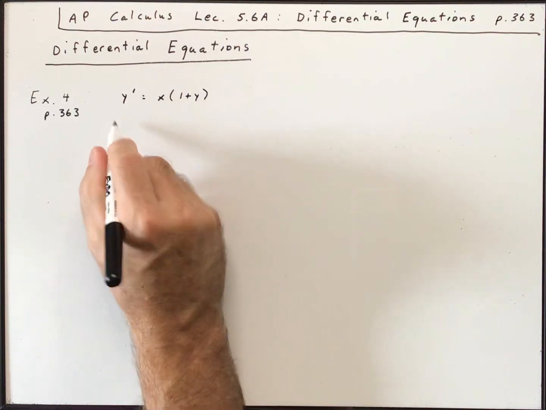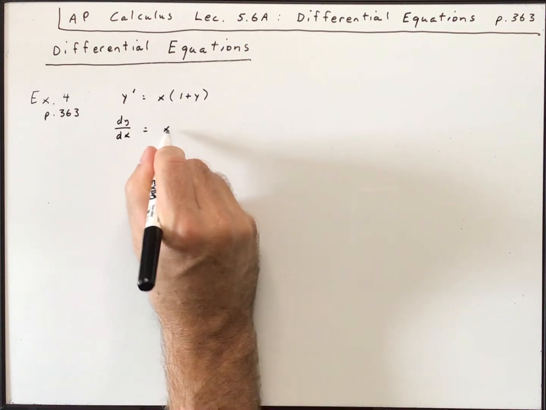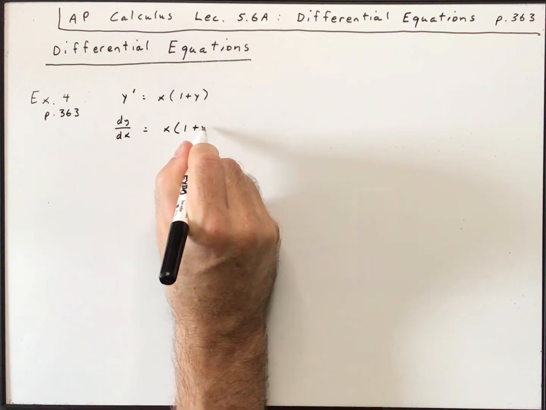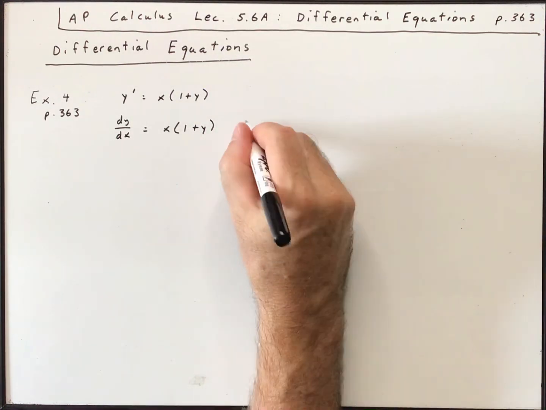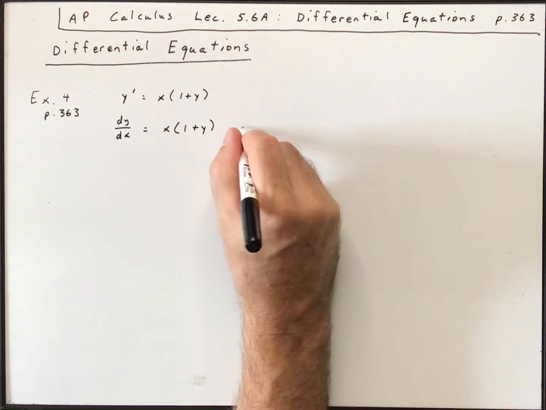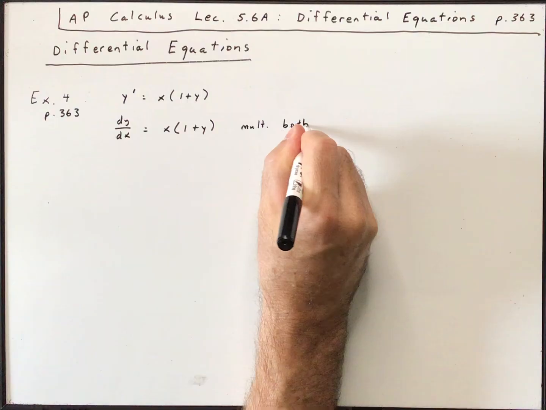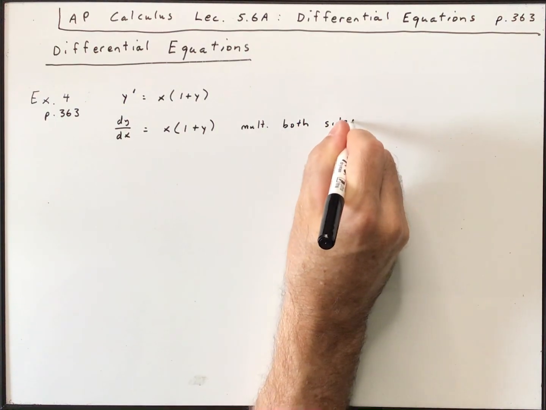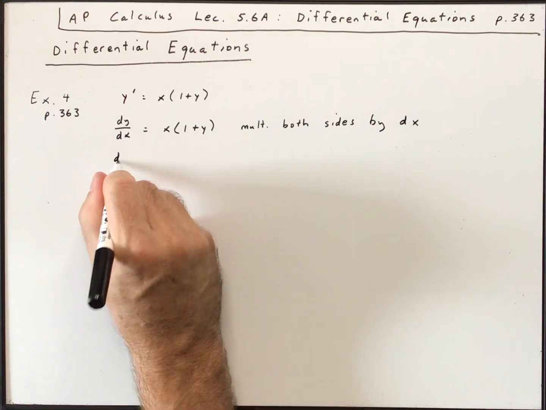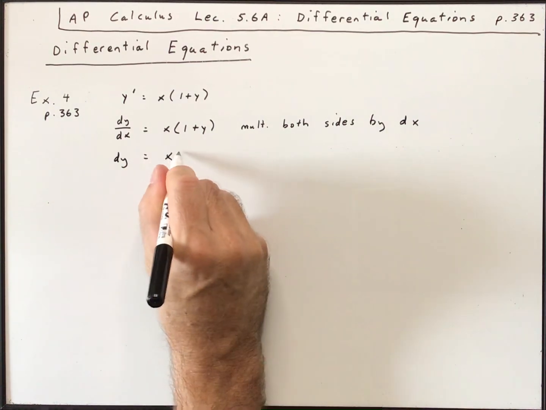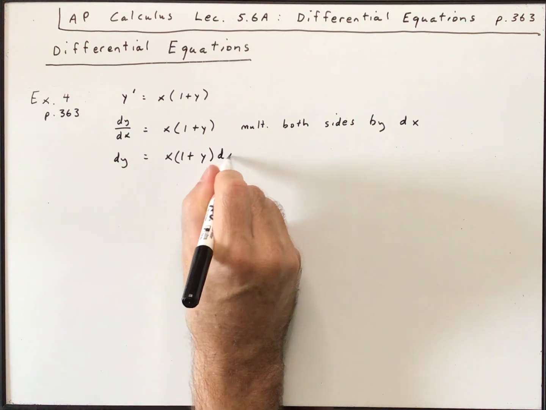So I'm going to rewrite y prime as dy dx times 1 plus y. Let's multiply both sides by dx, and you'd have dy is equal to x times 1 plus y dx.